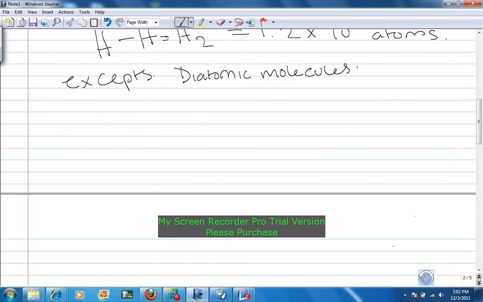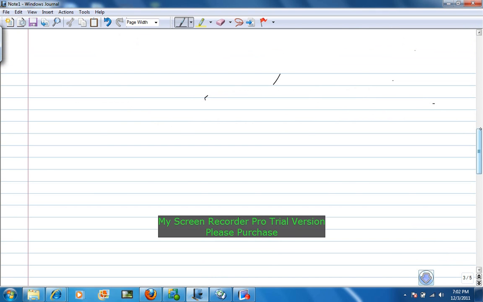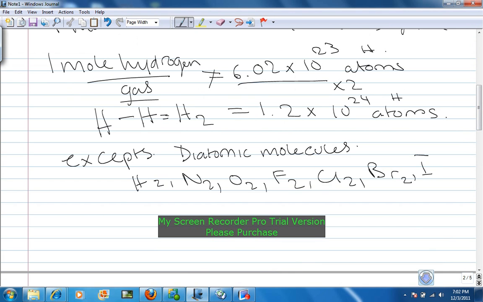They include hydrogen, nitrogen, oxygen, fluorine, bromine, oh, we forgot two. See, that's why they're called, and, oops, where did that go? One second. And iodine. So these are the diatomic molecules.